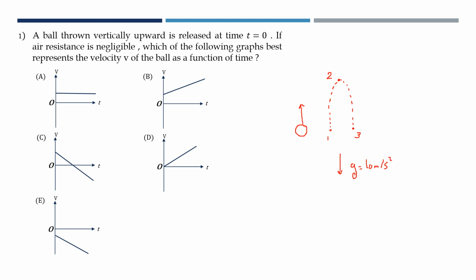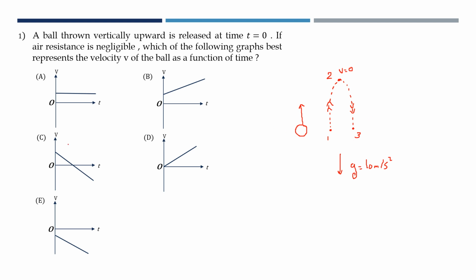So from point number 1 to point number 2, the ball is moving against gravity, which means the velocity is decreasing. At point number 2, which is a maximum height, we have a 0 velocity. Now the object started to come back down with gravity from point 2 to point 3, which means we have an increasing velocity.